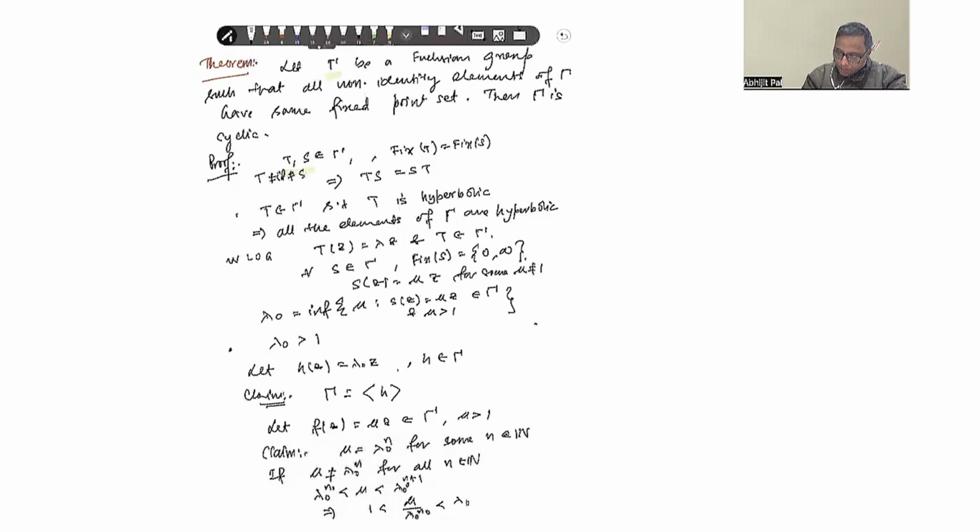Suppose this T is hyperbolic. Then this will imply that all the elements of this gamma are hyperbolic.